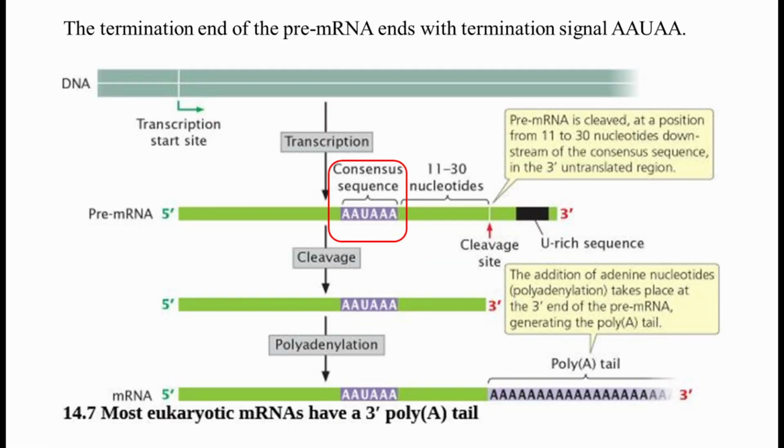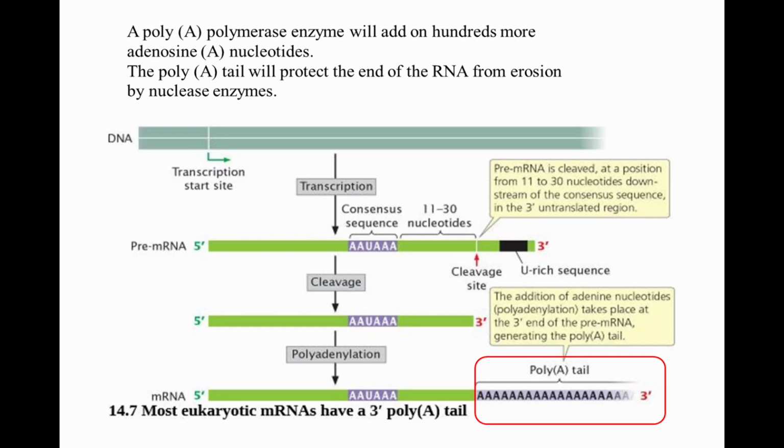To start the cleanup and modification of the pre-mRNA, we focus on the ends of the pre-mRNA strand. We know the 3' OH end, or termination end, of the pre-mRNA ends with termination signal AAUAAA. A poly-A polymerase enzyme will recognize this AAUAAA termination signal and add on hundreds more adenosine A nucleotides.